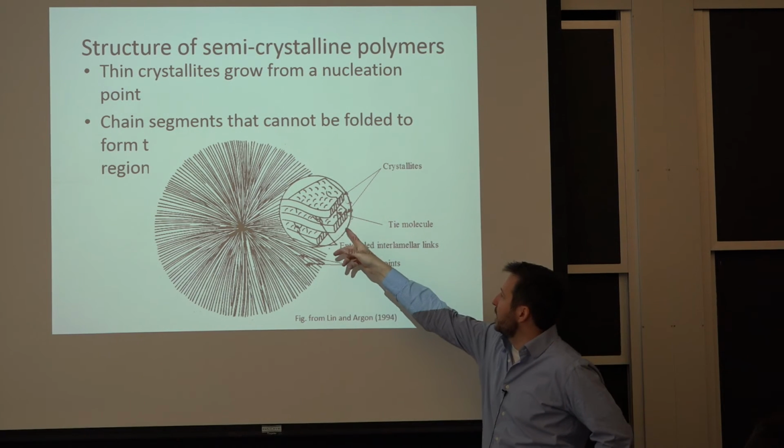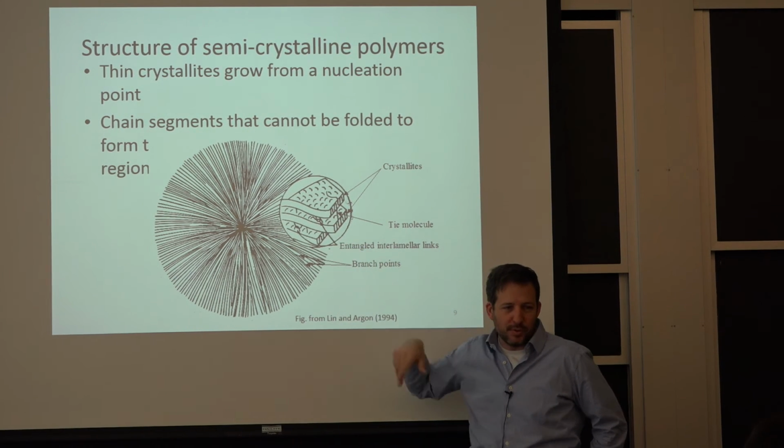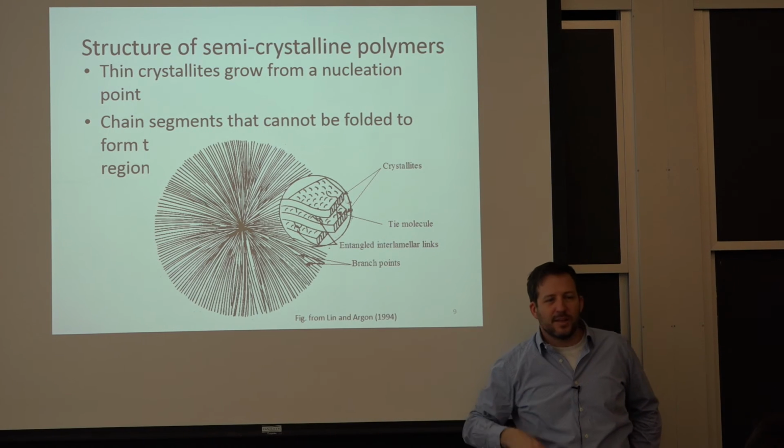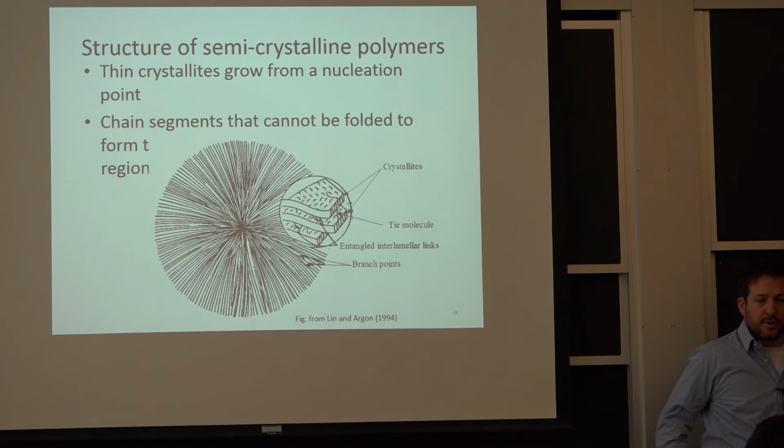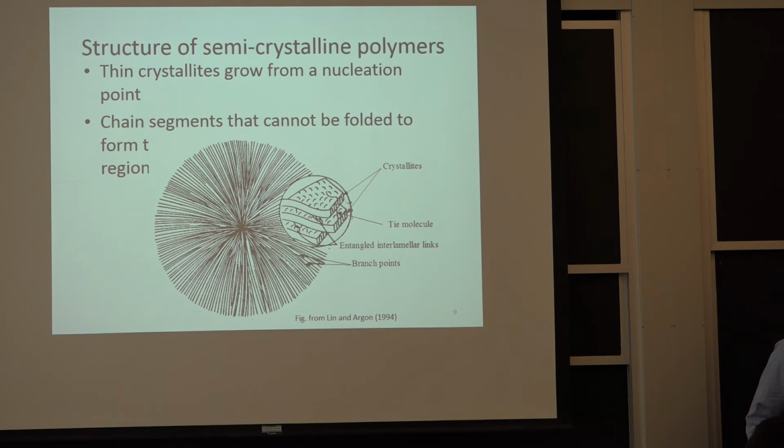Now, I'm exaggerating. Maybe one chain can go through 2 crystals and one amorphous zone, maybe 3, something like that. But that depends on molecular weight. You can probably start seeing a very nice effect of that crystallization. It acts a little bit like cross links because it's tying one piece in as part of a network.